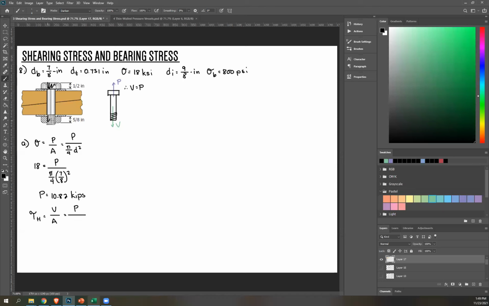Your head is over here, and then this is the thread. So if you try to draw that, this is the head of your bolt, or of your screw. This is the bolt, the one that's tightening everything. As you rotate that, this portion is what's undergoing shear stress. So therefore, what's the area for the shear area?